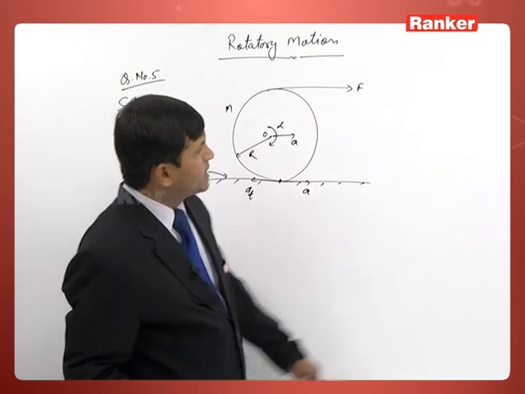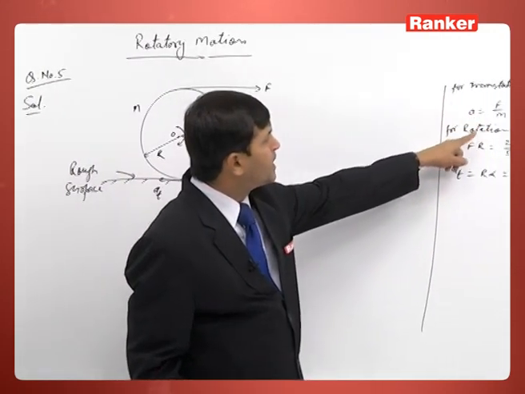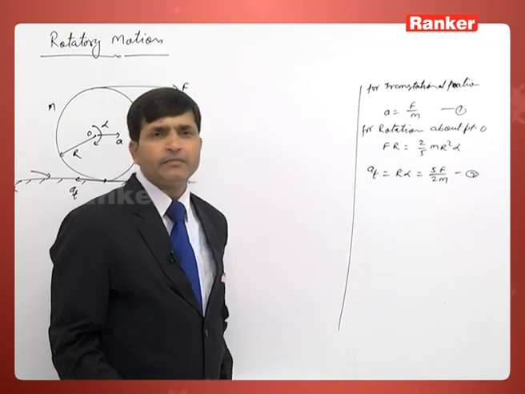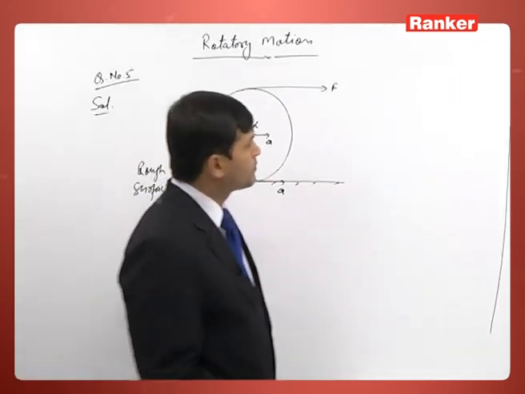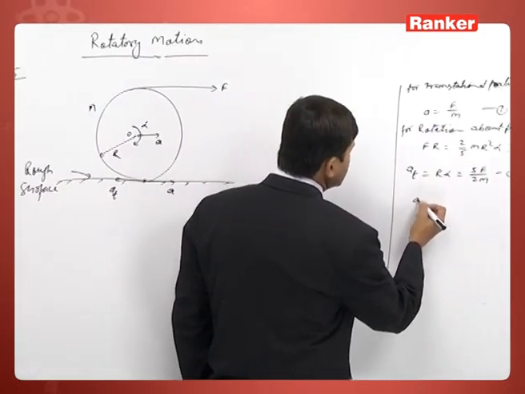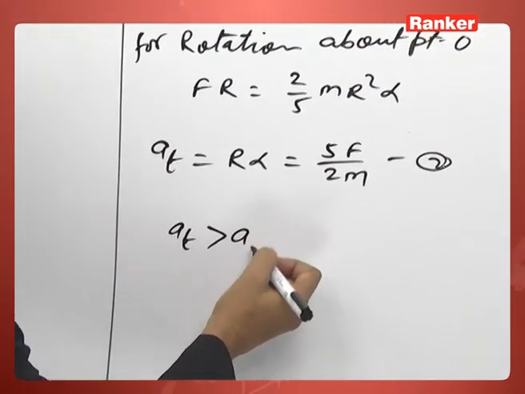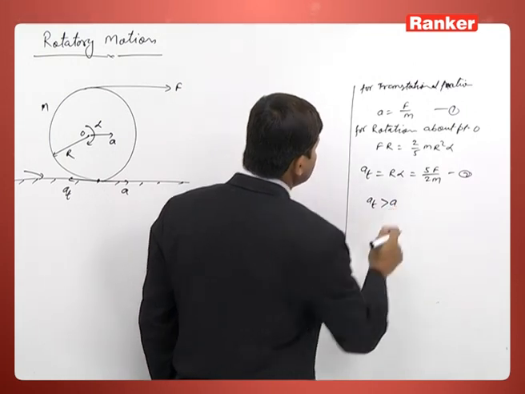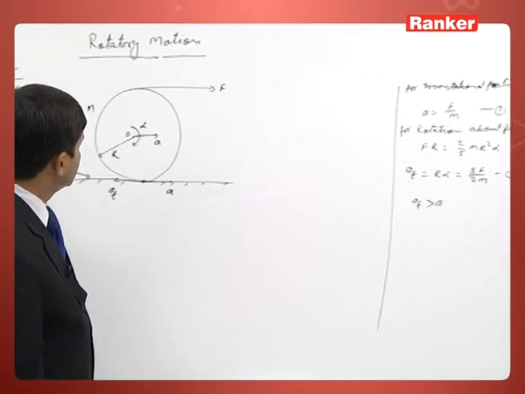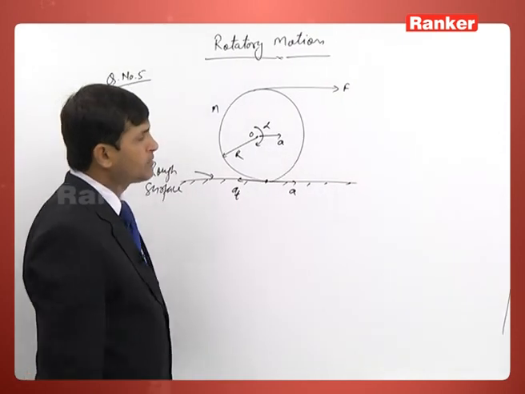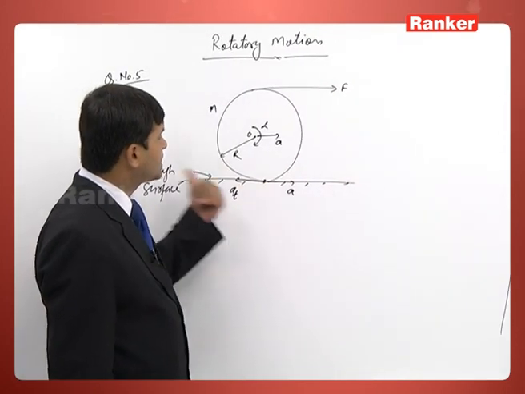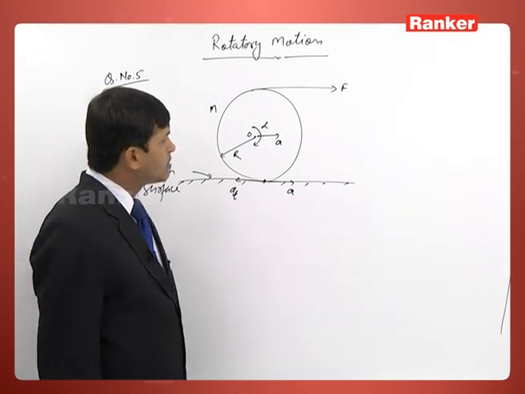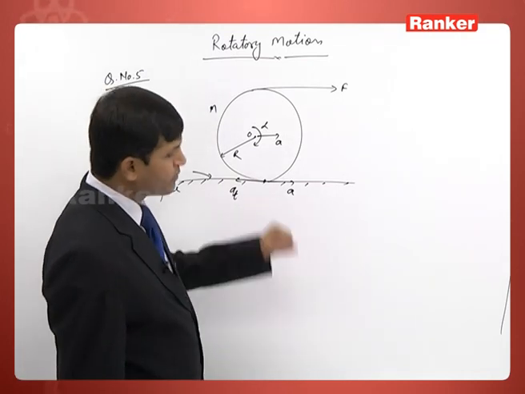See, A is F by M, A tangential is 5F by 2M. So from here it has been found that A tangential is more than A translational. So the point of contact will have a tendency to go backward. That's why friction will now act in the forward direction.